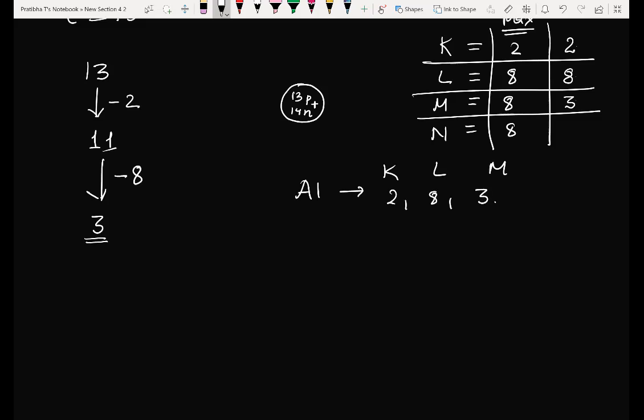Now, if we have to draw it, here I make the K orbit, right? Since K contains 2 electrons, I put 2 electrons, then L. It contains 8 electrons, 1, 2, 3, 4, 5, 6, 7, 8.